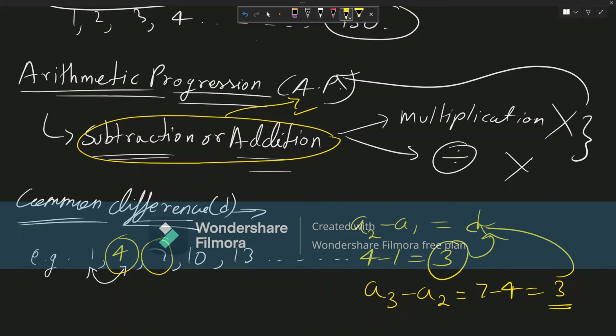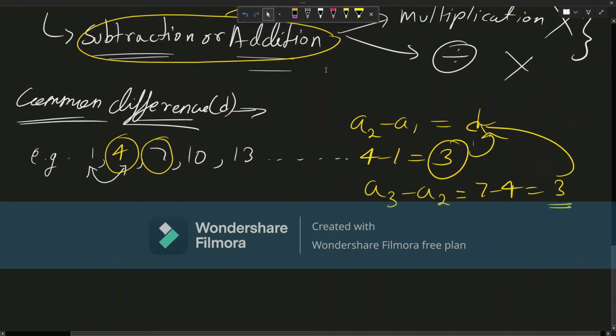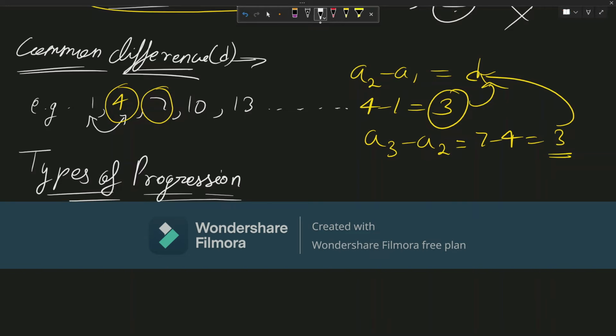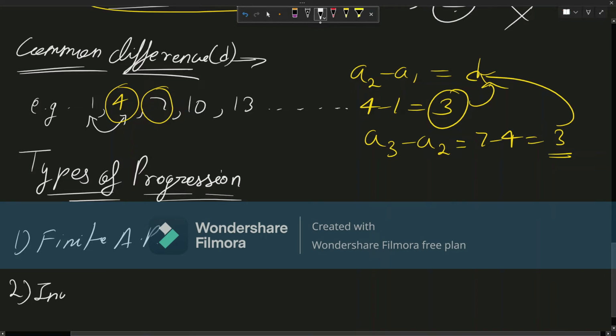Now let's talk about types of progression. Types of progression is very easy. In types of progression, there are two types, that is finite progression or finite AP, and the other is infinite AP.